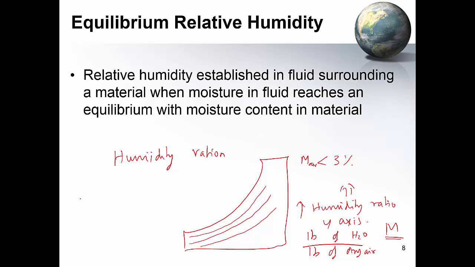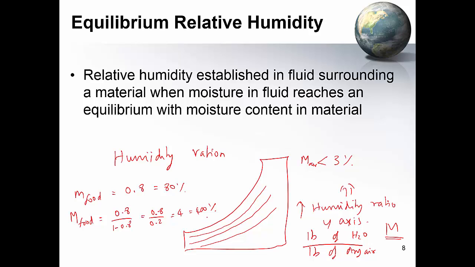So the moisture content of a food product, let's say on a wet basis, is 0.8 or 80%. The moisture content on a dry basis is 0.8 divided by 1 minus 0.8, which is 0.8 divided by 0.2, equal to 4 or 400%. So the moisture content of the food is pretty high.